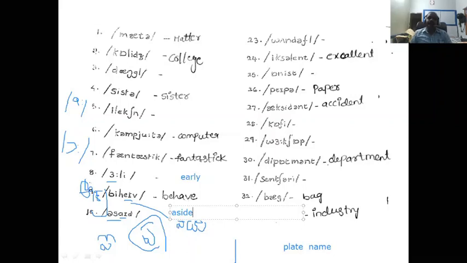Most of the times, not all the times, when a word begins with the letter A which is pronounced as the short A sound, that has to be pronounced as the schwa sound.